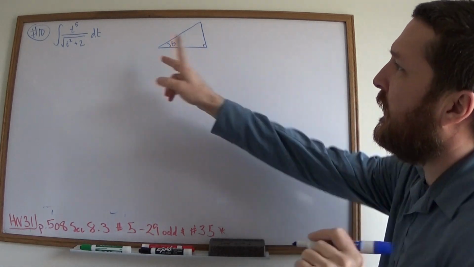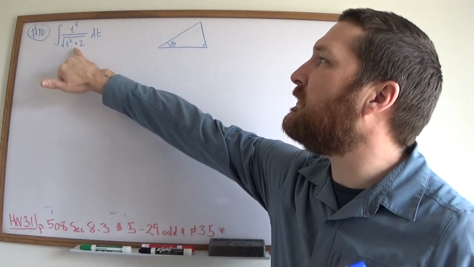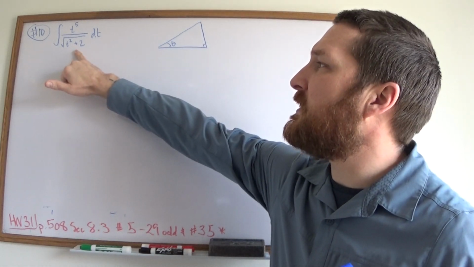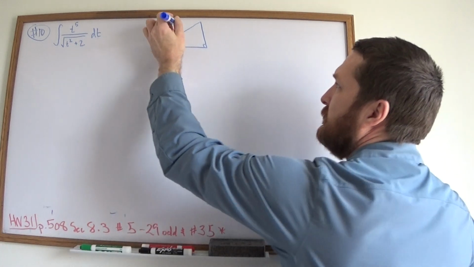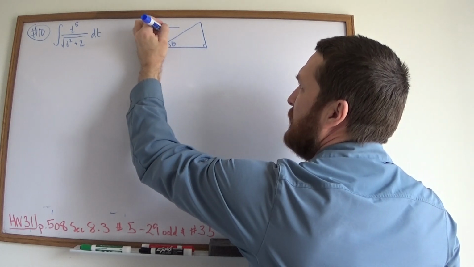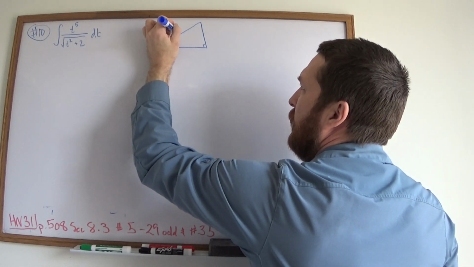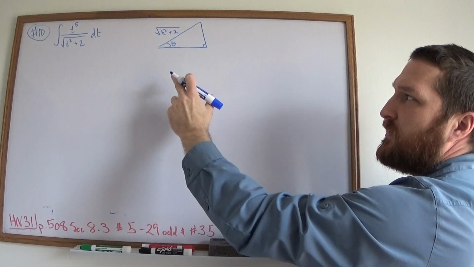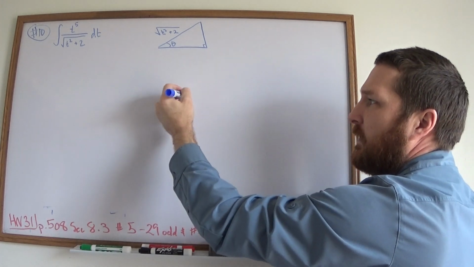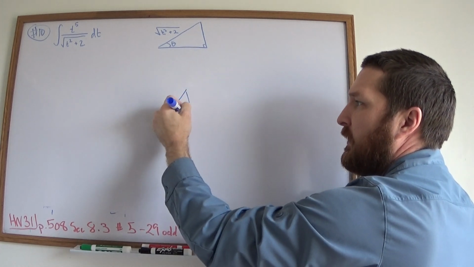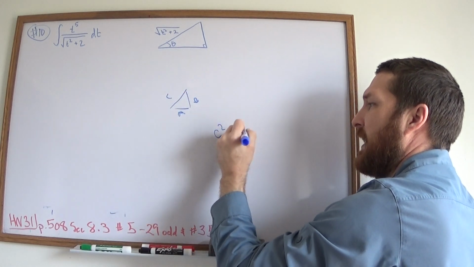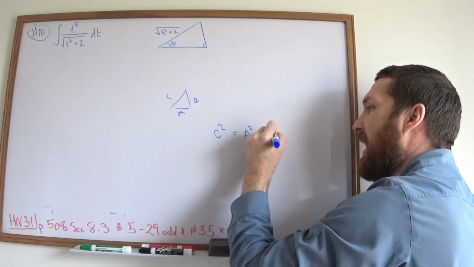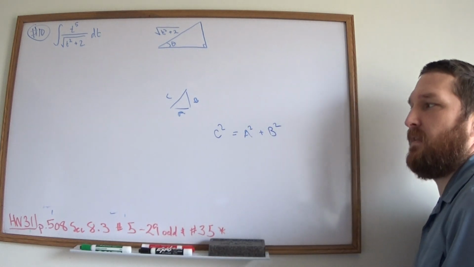And so, okay, with a plus there, the only possibility is that this thing shows up here. Why is that? Well, with a plus, just think about you have A, B, and C, and the Pythagorean theorem gives us that relationship.